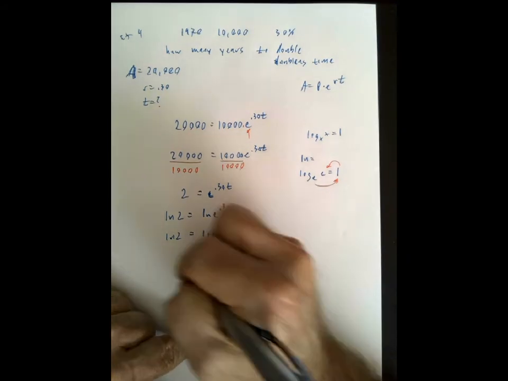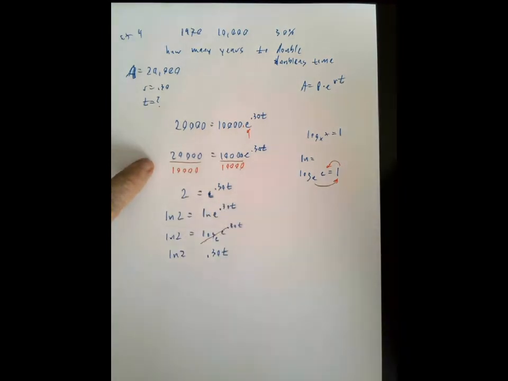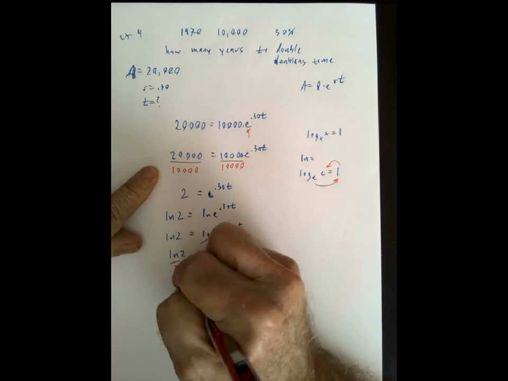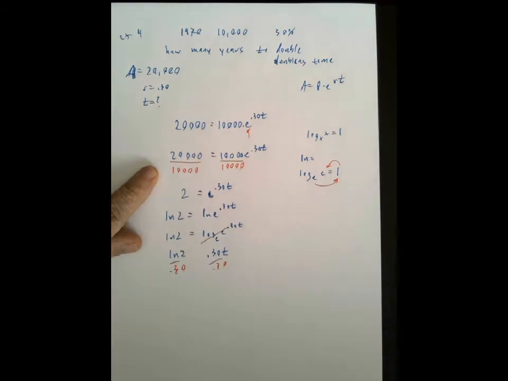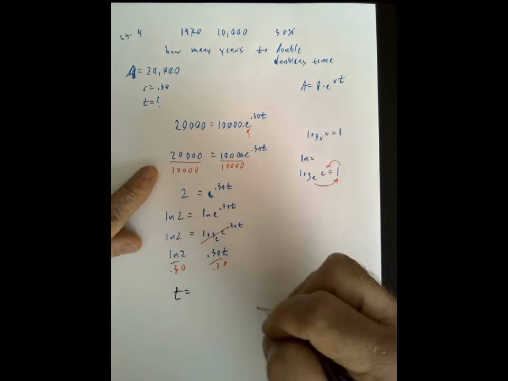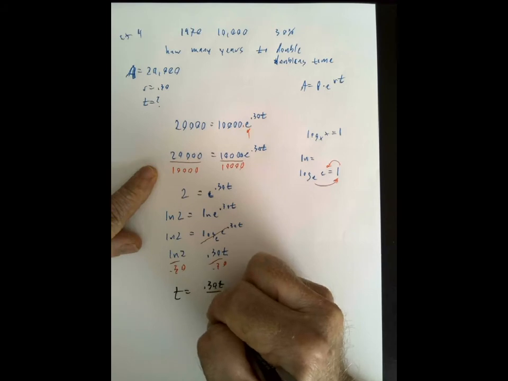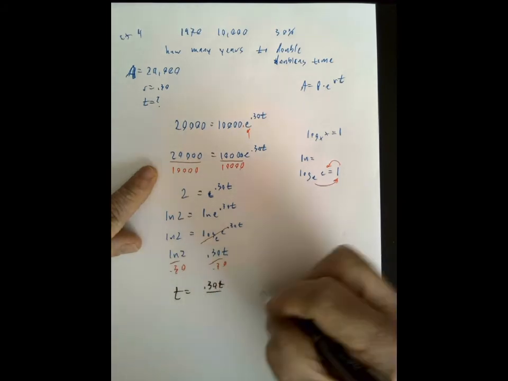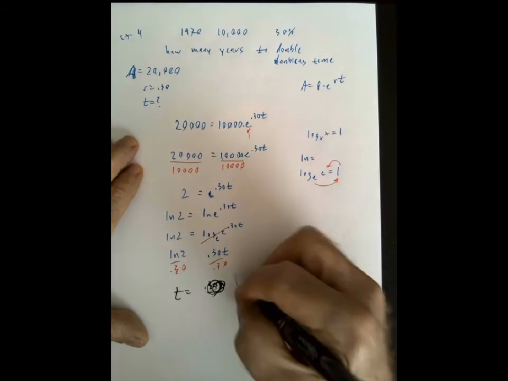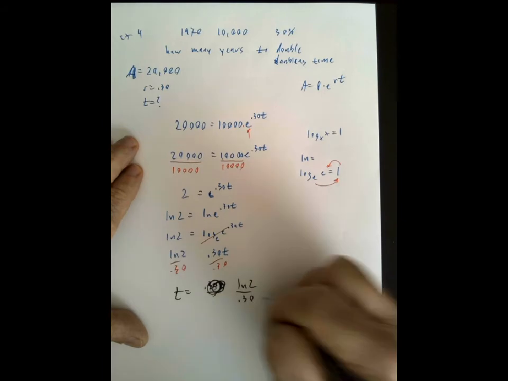And we end up with 0.30 t is equal to ln 2. Now, we divide both sides by 0.30, right? And t is equal to ln 2 divided by 0.30, right?